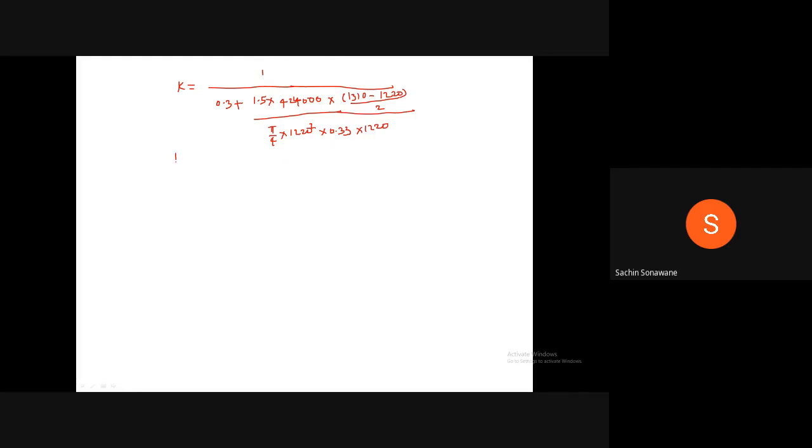Therefore, the value of K we are getting is 2.74.